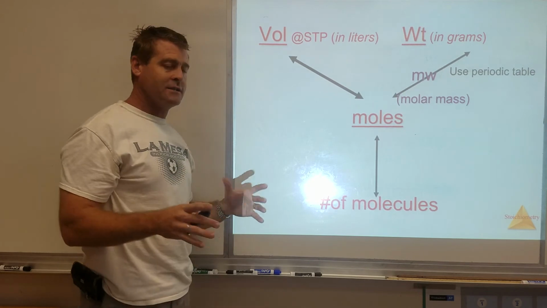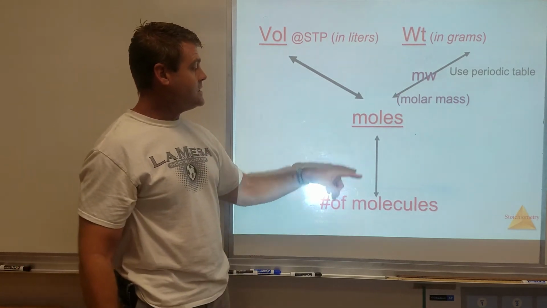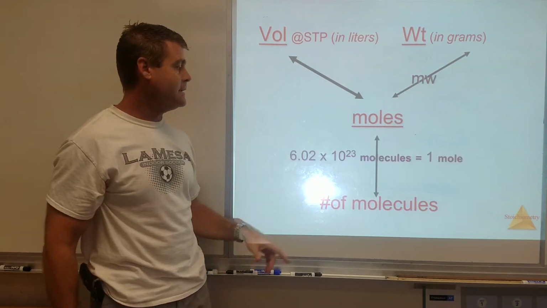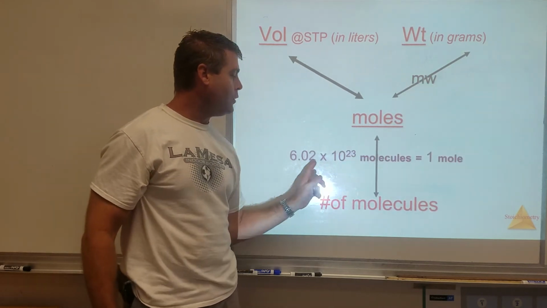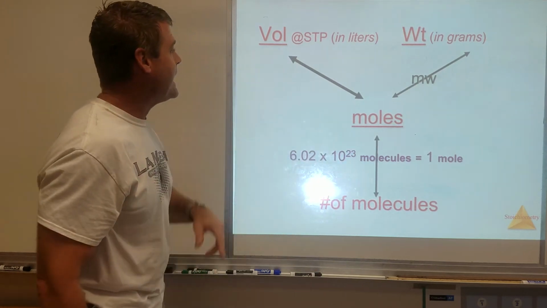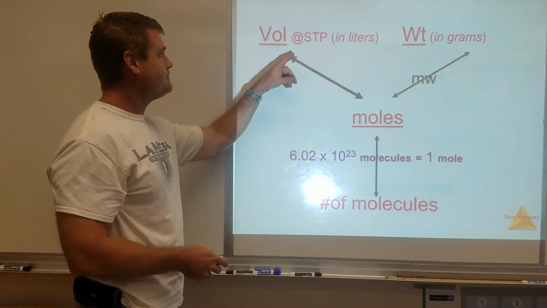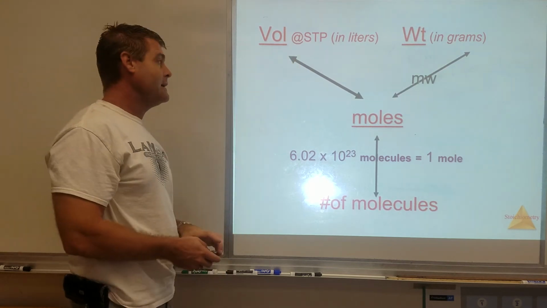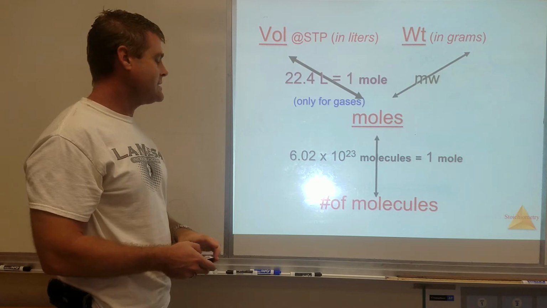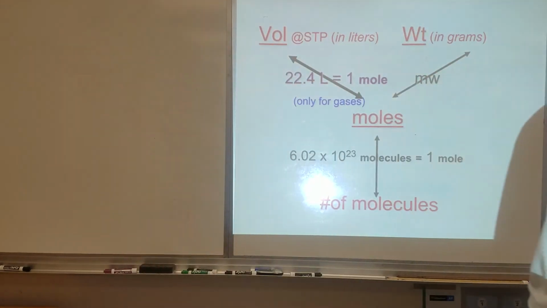We'll do a practice one, in case I'm losing you. Question is, what's the link between number of molecules or atoms and moles? You guessed it, the value of a mole. 1 mole is 6.02 times 10 to the 23rd. So knowing this will allow us to convert between these. And then the last thing is, when we're dealing with gases, and this is at STP, standard temperature and pressure, here's an equivalency.